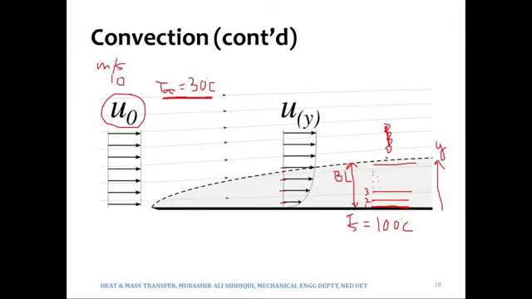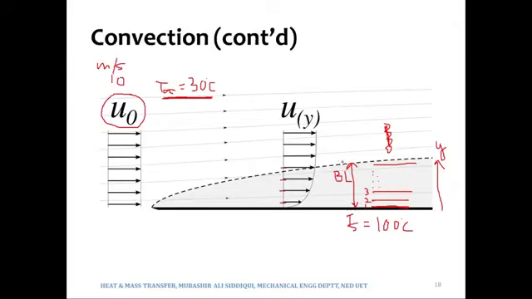Just like we have a hydrodynamic boundary layer, a velocity boundary layer, we do have a thermal boundary layer as well. What was the velocity boundary layer? That was the region where there was a variation in velocity in the y direction. Over here, we are only being shown the velocity boundary layer, not the temperature boundary layer, but that is fine.